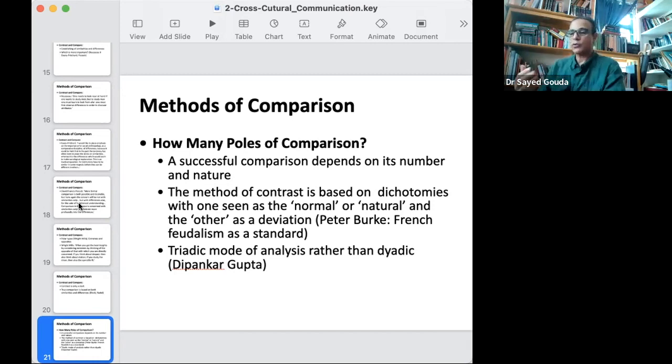Your culture, you will consider it the normal, the natural, and the other as deviation, as the other, or something different from your culture. And it's better to choose a triadic mode, meaning more than two, meaning three objects to make a comparison.